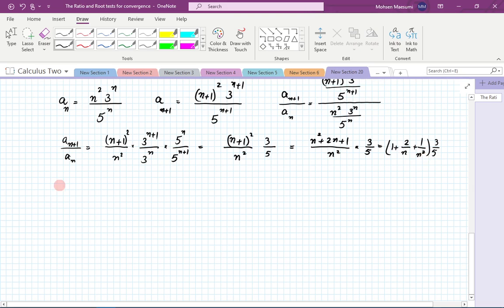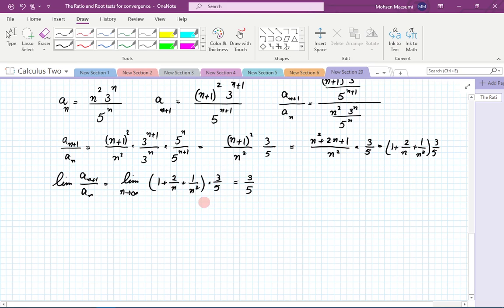So if I want to take a ratio of two consecutive terms, I'm taking the limit of 1 plus 2 over n plus 1 over n squared times 3/5 as n goes to infinity. Well, this term and this term go to 0. I have 1 times 3/5, and that is 3/5.